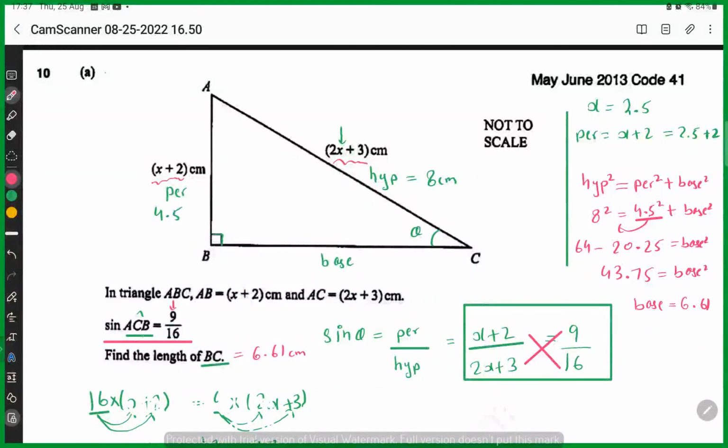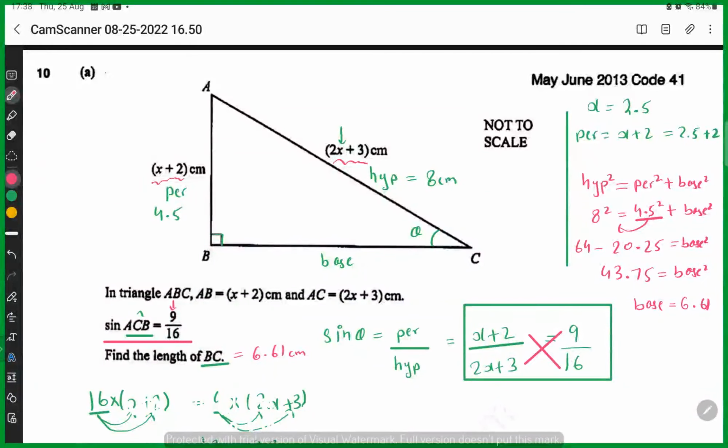They told that sine C or sine ACB is basically equal to 9 by 16. So if I keep C as theta, sine theta would be equal to perpendicular over hypotenuse. Perpendicular side was x plus 2, hypotenuse was 2x plus 3, and this sine was equal to 9 by 16. So this was in terms of x.